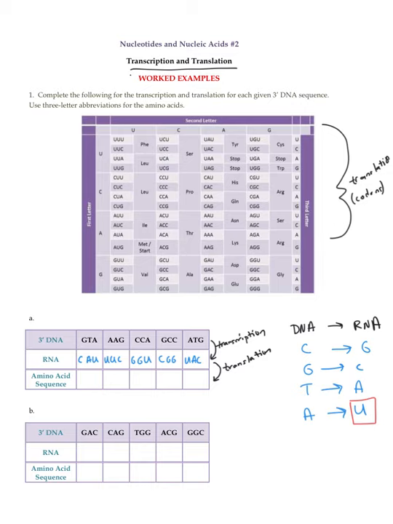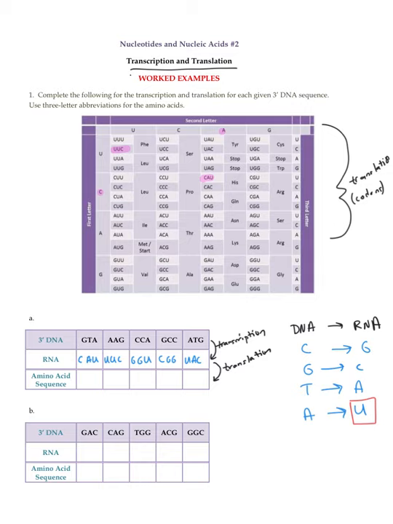And now all I have to do for my translation is go to my table and find those three-letter sequences. The first letter is here on the left, so if I want to find CAU, I start here with C, then the second letter A, so it's going to be in this quadrant, and there's my CAU. My UUC is right here.